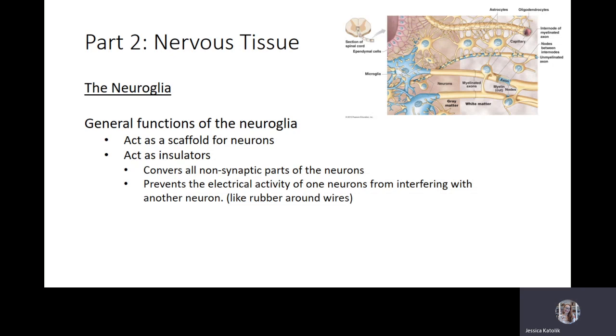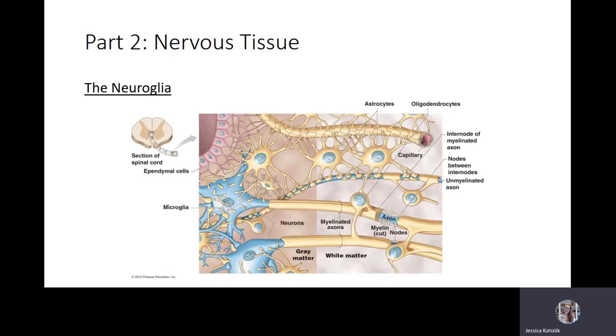This picture is not actually in your textbook, but I think it illustrates the neuroglia really nicely. There are going to be different types of neuroglia depending on where we are and whether or not we're in the peripheral nervous system versus the central nervous system.